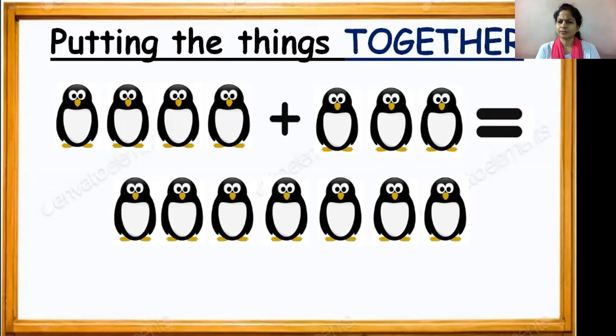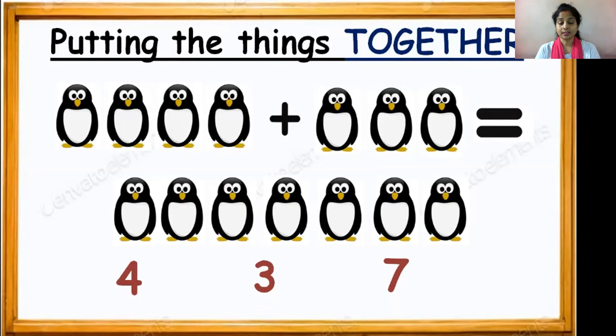But what about mathematics? In mathematics, instead of pictures, we use numbers. Like 4 penguins were there. 3 more penguins come. What do you mean by more? It means we are putting the symbol of plus in between these two.